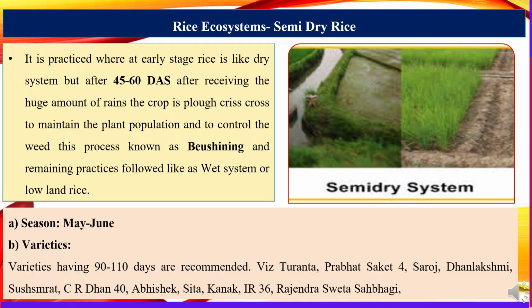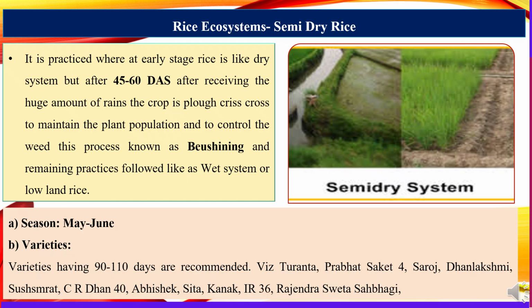Semi-dry rice ecosystem. This system is practiced in areas where the crop initially grows under upland, dry conditions but later transitions to wetland conditions. Rice is first sown and managed like dry upland rice, relying on early monsoon showers.